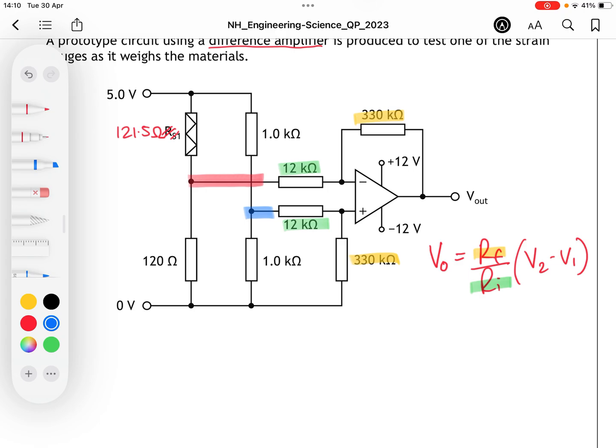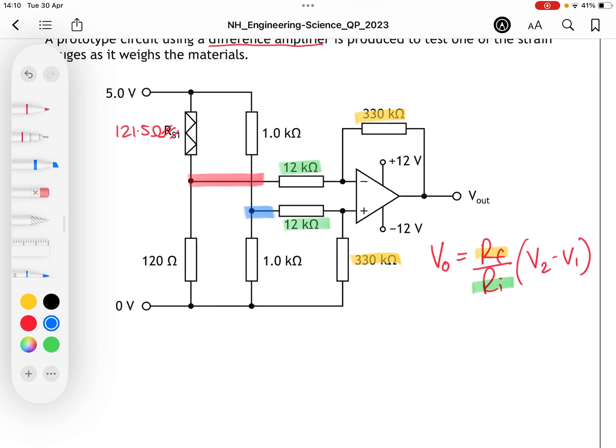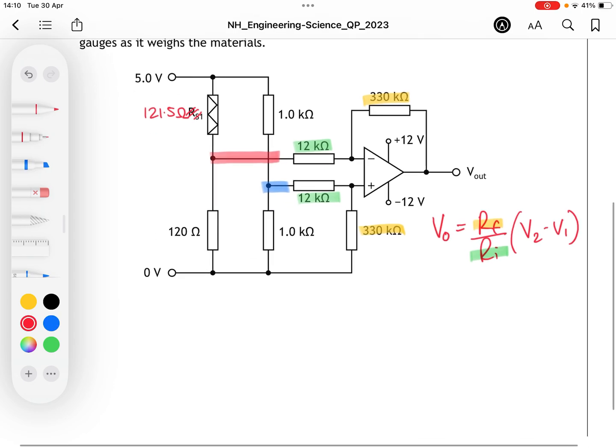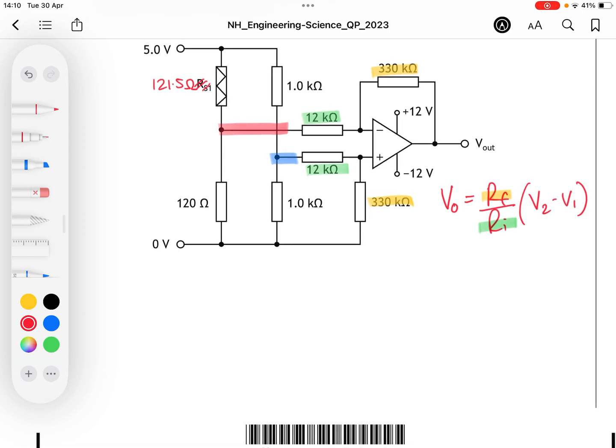So if we look at the inverting input first, in fact I'm just going to do this down here so you guys can see it a little bit more easily. If I want V at the inverting input, that is going to be my voltage supply times that first resistance RS1 over the total resistance, which is RS1 plus 120. Nope, sorry, got that wrong.